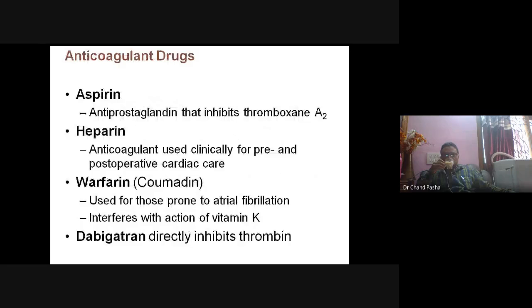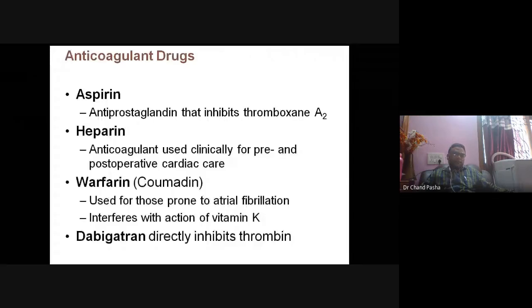Anticoagulant drugs. Aspirin is the first. All the cardiac patients who are operated on are given aspirin. I think in chemistry you will be practicing the preparation of aspirin also. This is an anti-prostaglandin. I told you prostacyclins are produced by the epithelial cells to prevent the coagulation process.